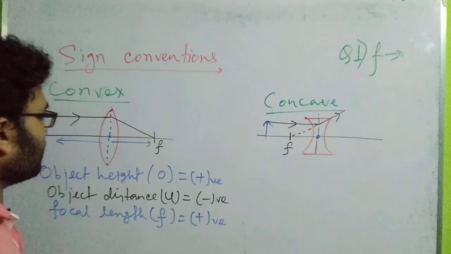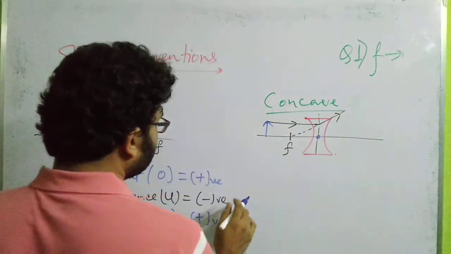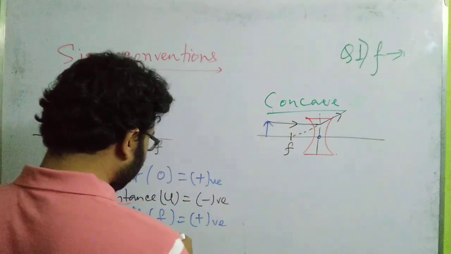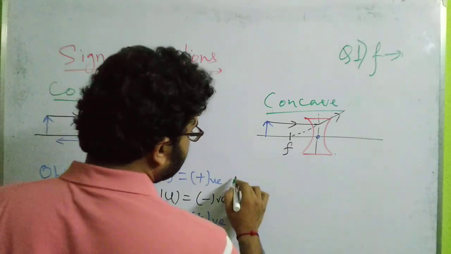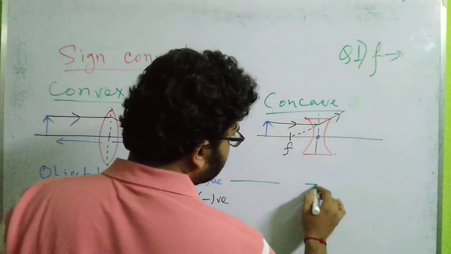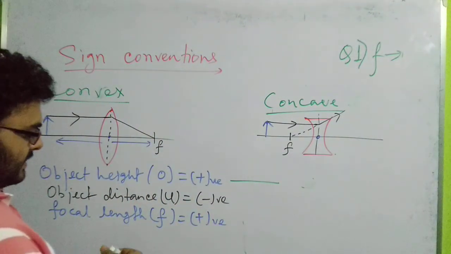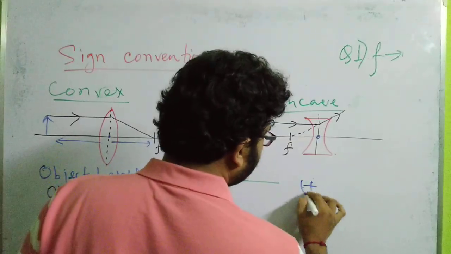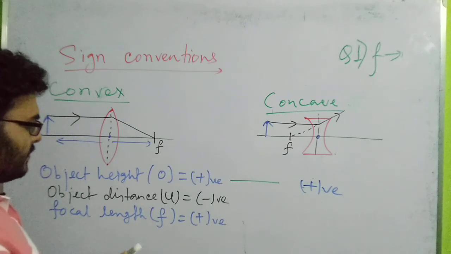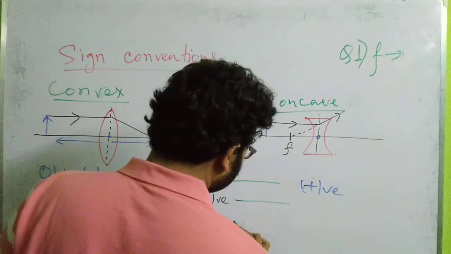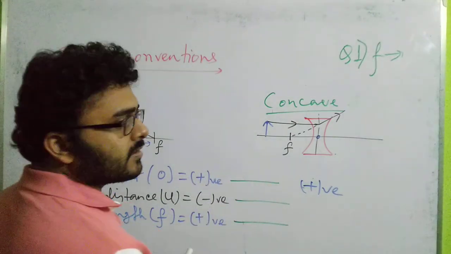Now when you are talking of the object height for a concave lens, here also the object height turns out to be positive, isn't it? As the object is always above the principal axis, definitely the object height will be positive for concave lens also. Now when we are talking of the object distance, when you are measuring the object distance, it is against the direction of the incident ray.